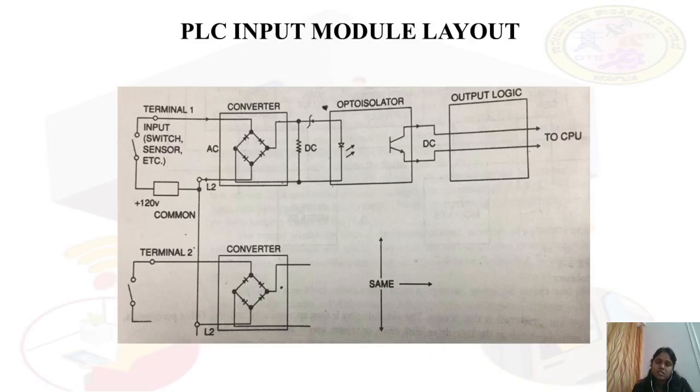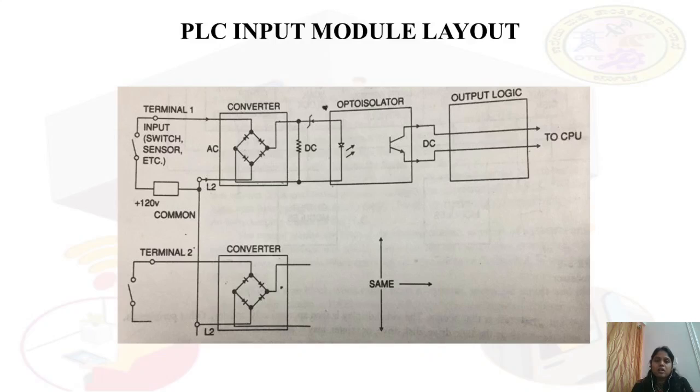If the input signal is DC itself, some form of conditioning is required here. Then in the third step, opto-isolation. After this, finally, we give it to your CPU. Understood? These are the 4 tasks that are performed in the PLC input module.